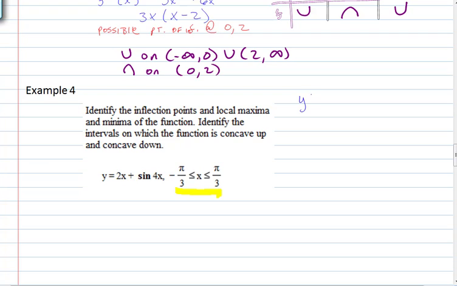The first derivative is 2 plus cosine 4x times 4. So the first derivative is 2 times 1 plus 2 cosine 4x, right?